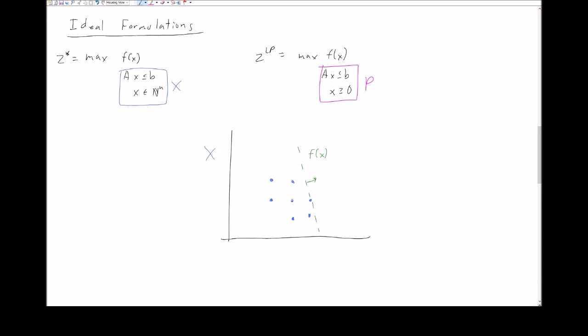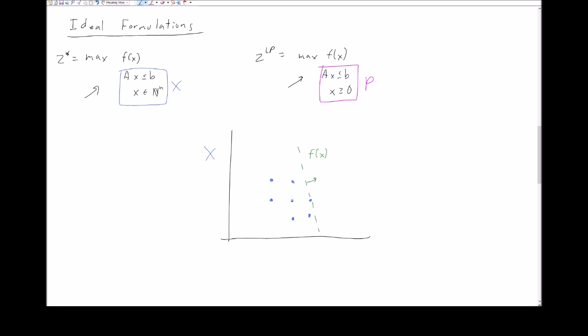We can see how this fact about linear programs being easy to solve helps us in solving integer programs. And the connection, at least initially, is going to be through ideal formulations. Here we have some integer program, and the set of feasible points is denoted by X. Here, X is a set of lattice points. On the other hand, we also have a linear program, or the linear programming relaxation of this integer program.